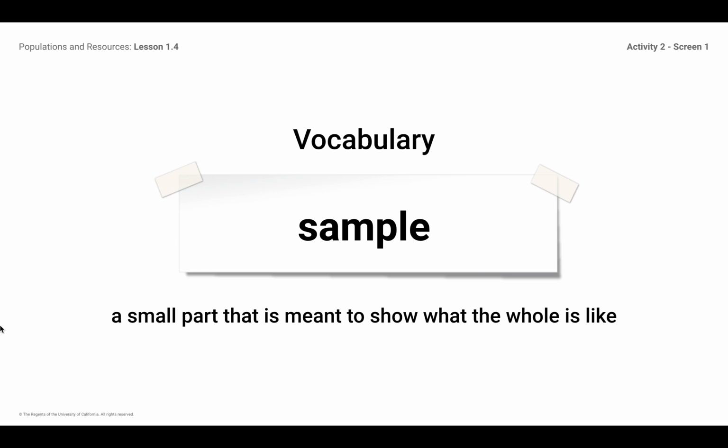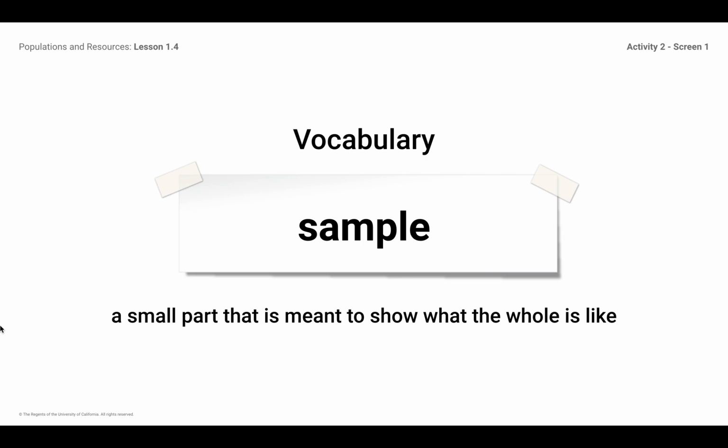So we're using this word sample. Sample means a small part that's meant to show what the whole is like. We heard the word sample when we were listening to the documentary video on Monday, and that was, again, referring to scientists getting an understanding of a small part. Here's the thing.